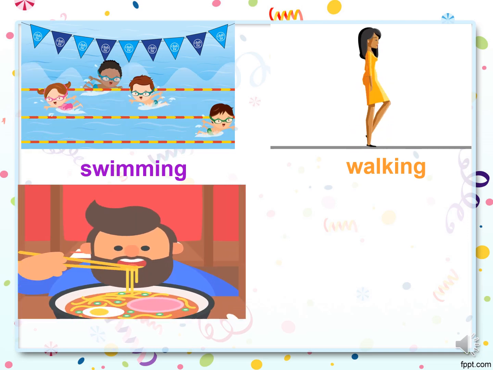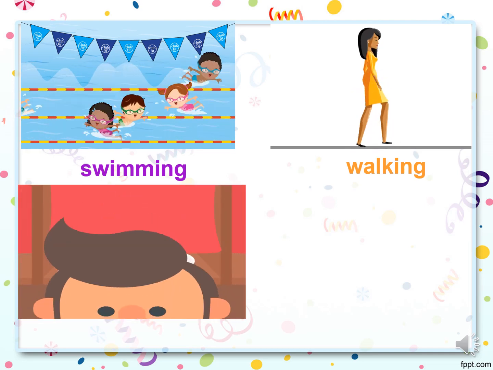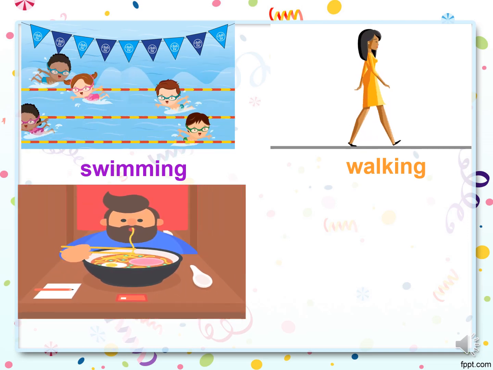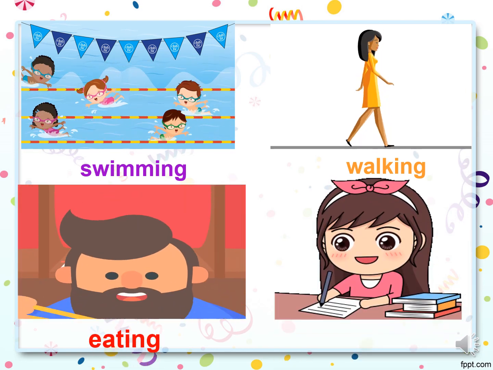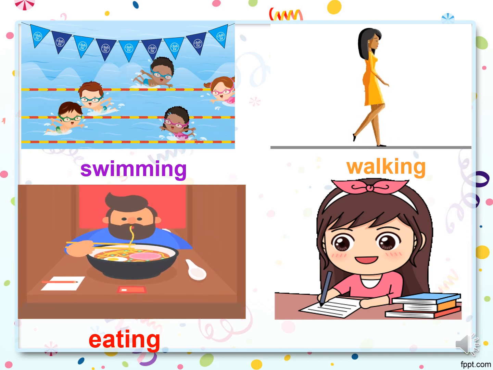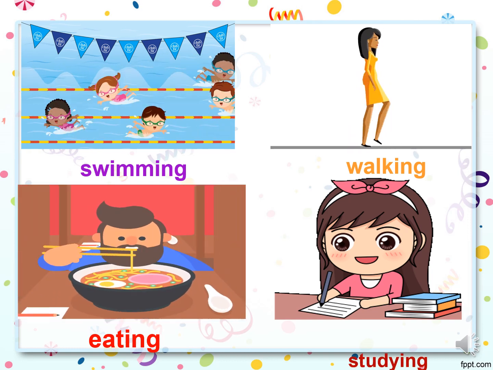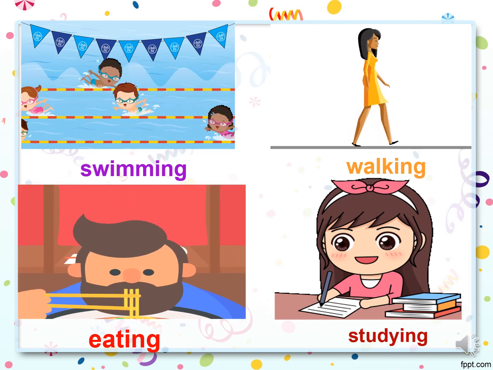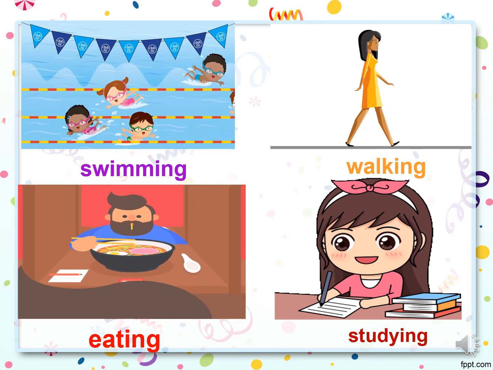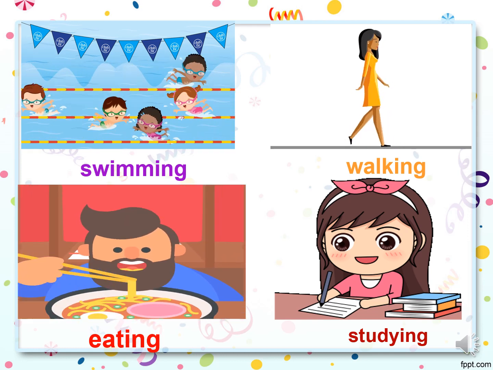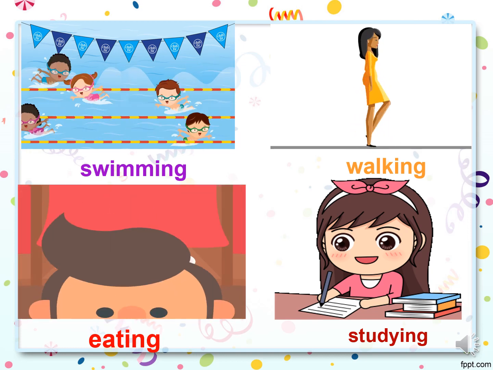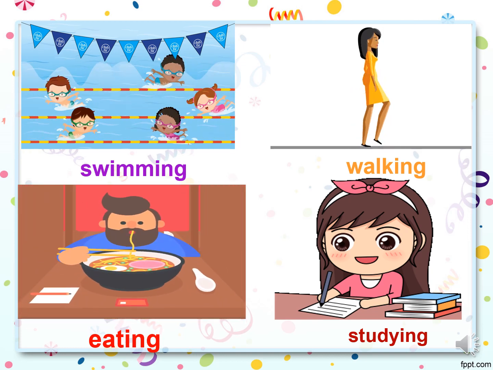Tell me about this man. This man is eating. What about this girl here? Yes, she's studying. So all these words are action words. We call action words verbs.